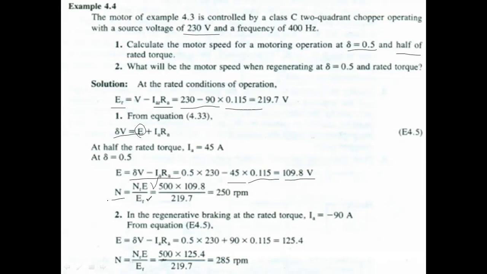So N is equal to NR into E by ER. That is equal to 500, NR is 500 from the 4.3 example, into E by ER. E is 109.8 by ER 219.7. Already we have calculated 219.7.